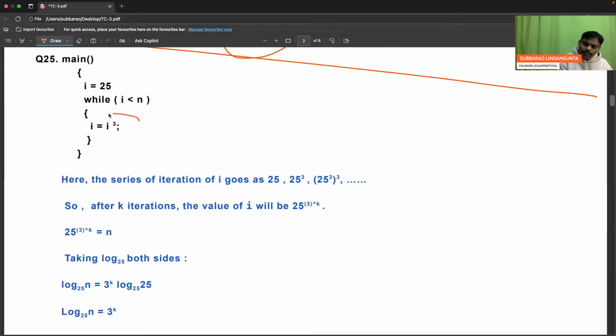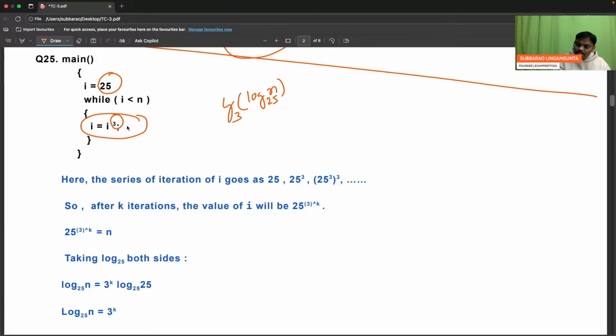See, always i is equal to i power 3. Remember, the inner base will come from this one, and the outer base will come from this. So the answer, if you want, you can check, is log of log n. If you observe, inner base 25, outer base 3.